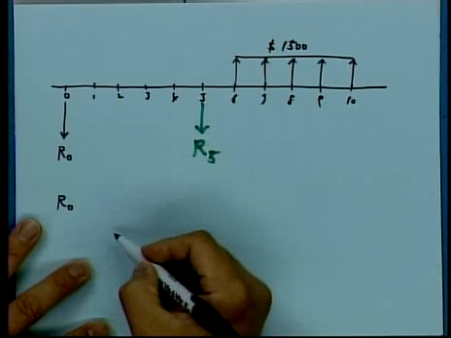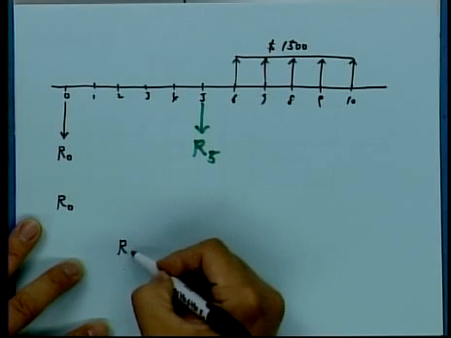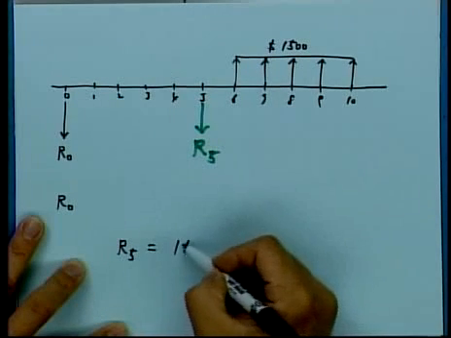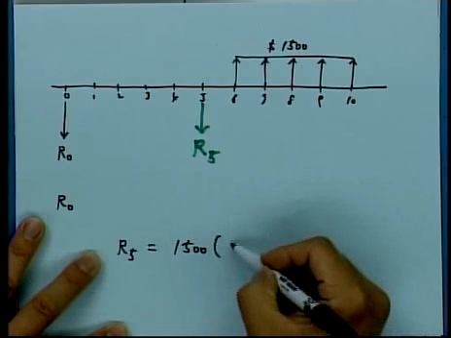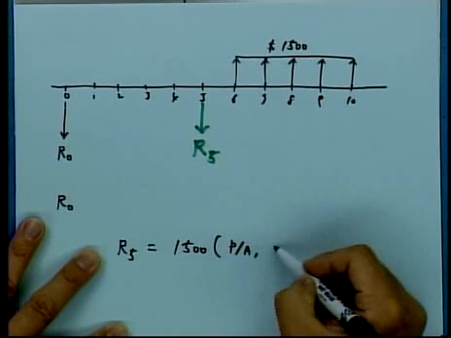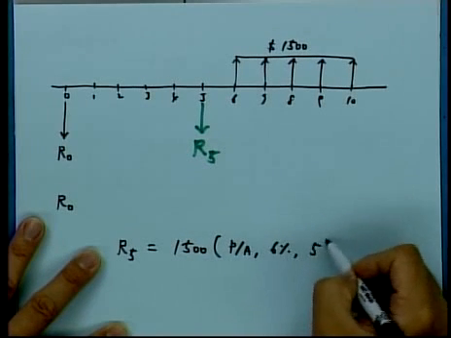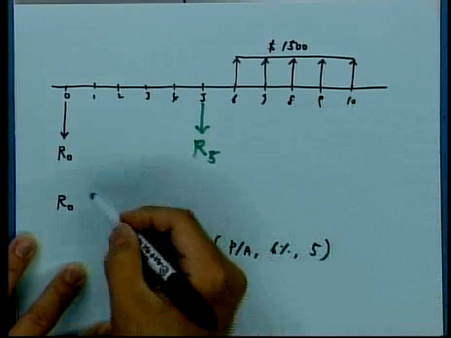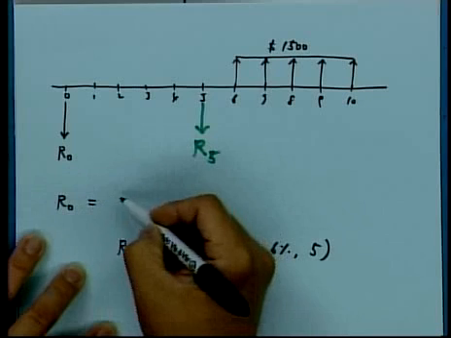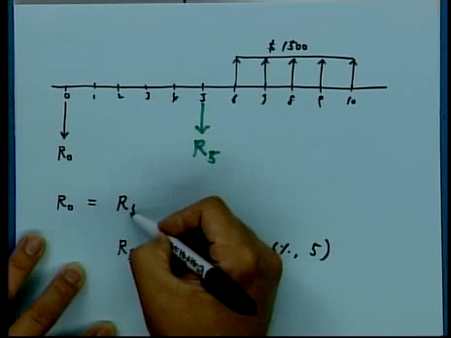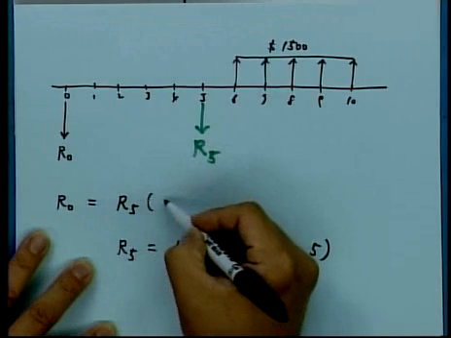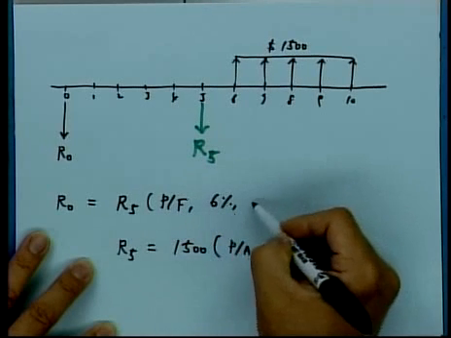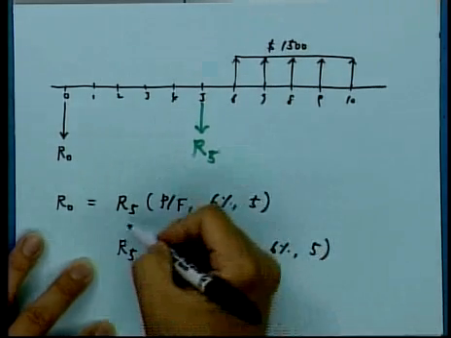First we're going to compute R sub 5, which is 1,500 times P given A, 6% over 5 periods. Once you get R sub 5, R sub 0 can be computed by R sub 5 times P given F, 6% over 5 periods.